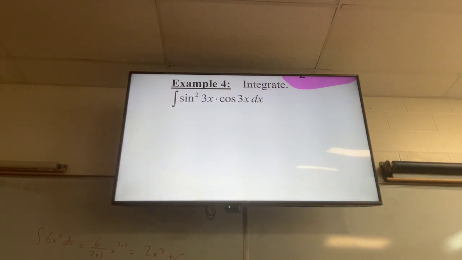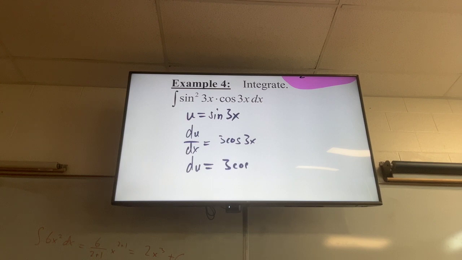So that's what tells me to set u equal to sine 3x. Then du dx is going to be 3 cosine 3x, so du equals 3 cosine 3x dx.